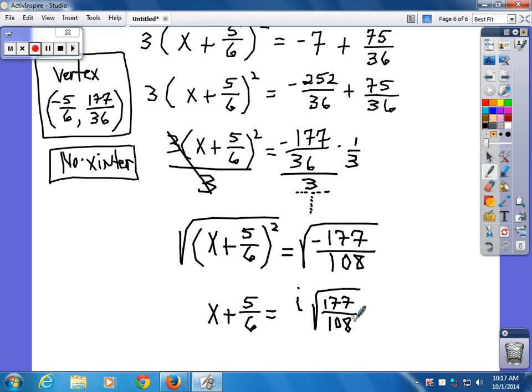So x is equal to the square root, or i, times the square root of 177 times the square root of 108 over 108, minus 5/6.